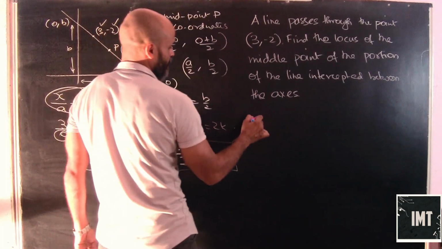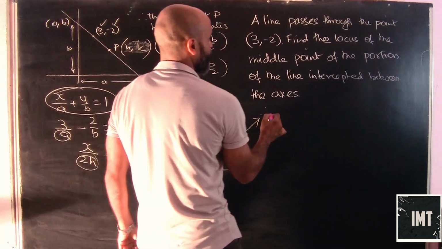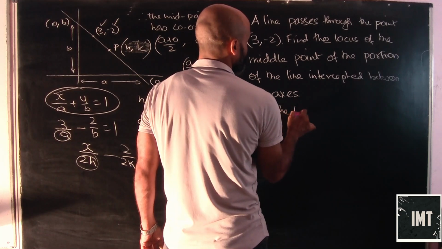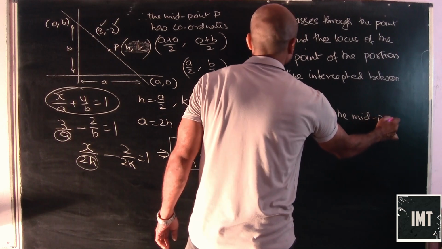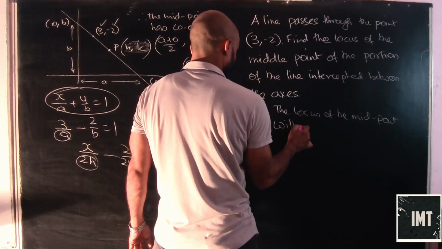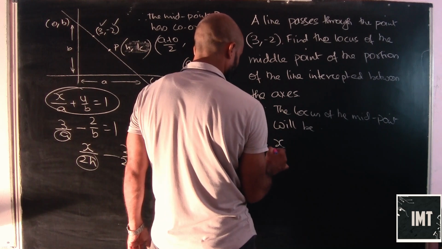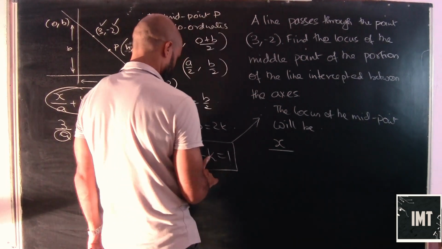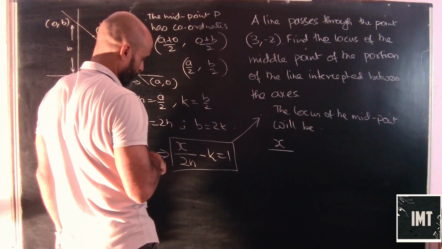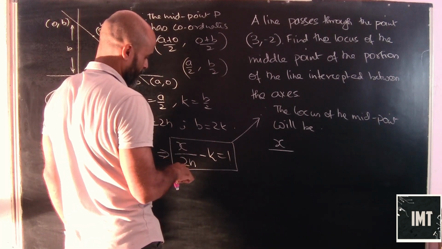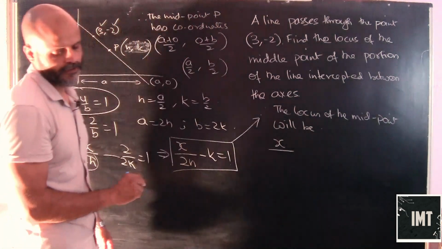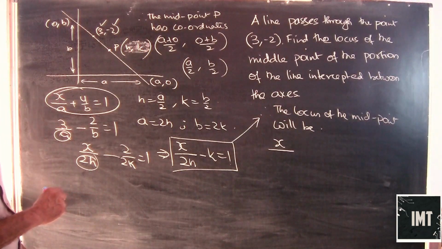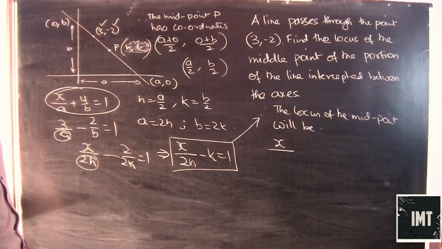Now this will be the equation of the locus of all the points. So therefore we can say that the locus of the midpoint, with h and k replaced by x and y, let me just check this out.